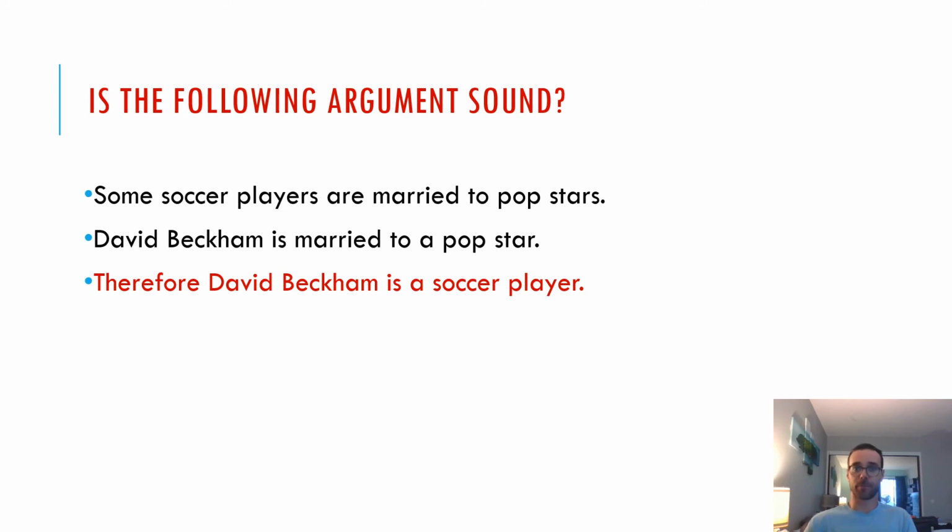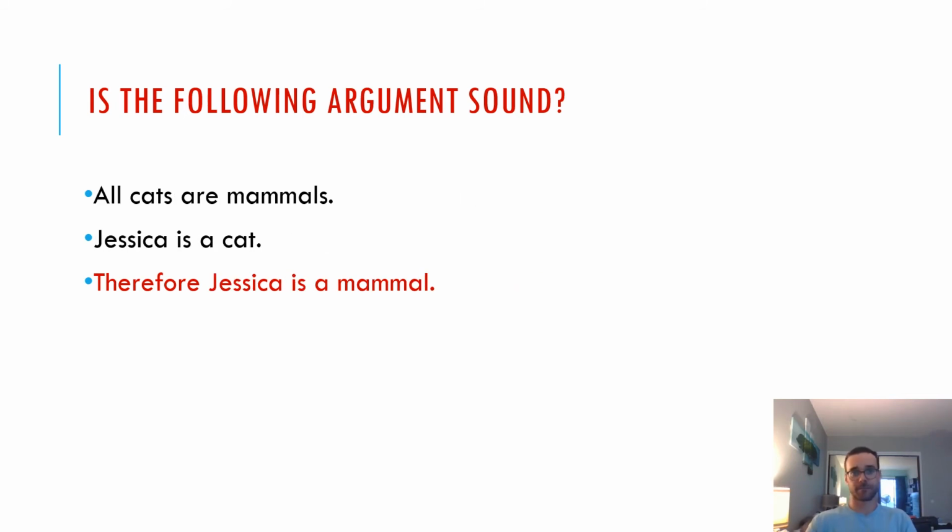For a good argument, we want the structure to be there, we want validity, but we also want true premises and a true conclusion. So we want validity and soundness. How about this one? All cats are mammals, Jessica is a cat, therefore Jessica is a mammal. This argument is sound. It has true premises that lead to a true conclusion, and the premises infer the conclusion.